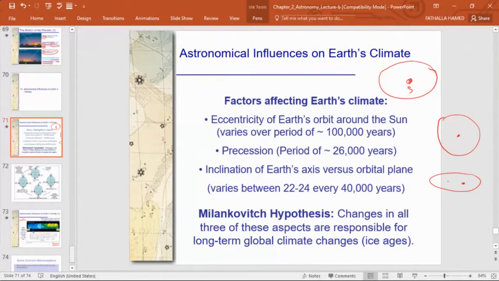You have what we call one focus here and one focus there, so we call it two foci. Now, in the case of the Earth, these two could be very close to each other. So it's nearly circular, but it's not circular. It is elliptical. And that's why when we talked about the average distance between the Earth and the Sun, we said that the average distance is about 150 million kilometers.